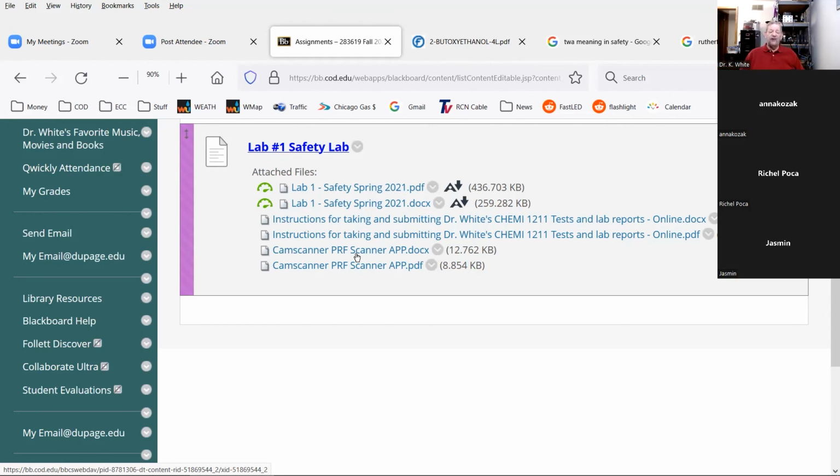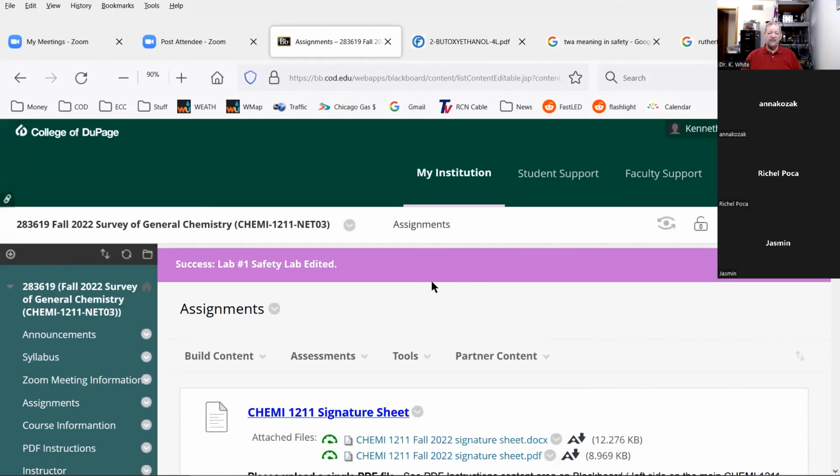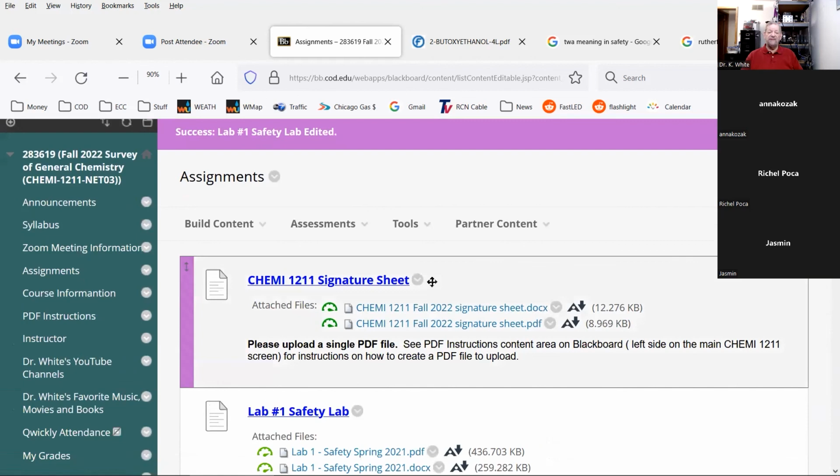And that will allow you to take pictures with your cell phone and then convert them into PDF, which you can then upload to the assignment section of Blackboard.